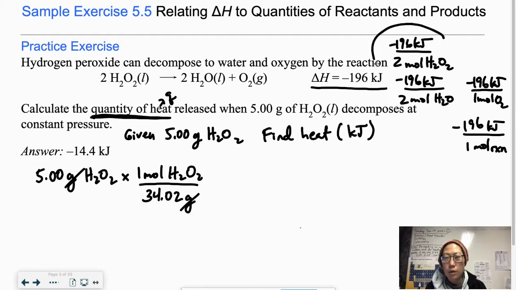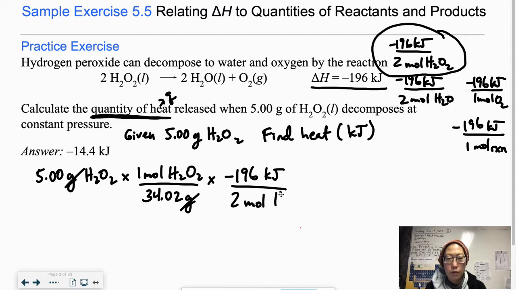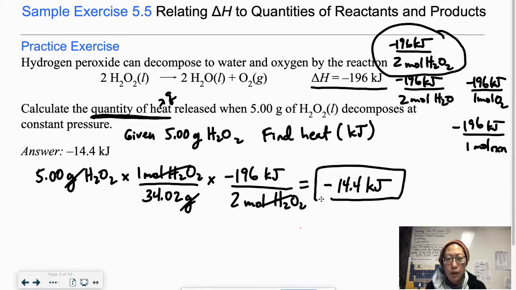I'm going to choose this as my conversion factor because that relates the moles of H2O2 to my kilojoules. So I'll put in minus 196 kilojoules per 2 moles of H2O2. So you can see that cancels out. And then when I multiply this out, I will get an answer of minus 14.4 kilojoules. And that is how much is released by the 5 grams of H2O2 decomposing.